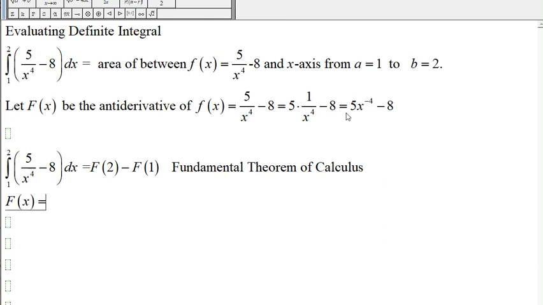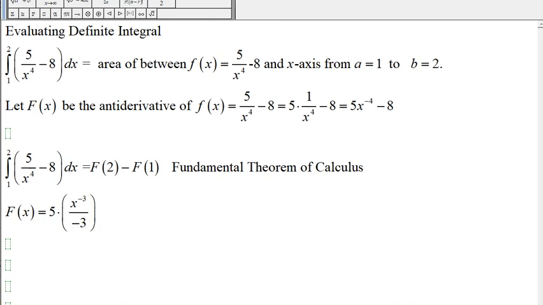So once again, the rule is this is 5 times x to the negative 4. So the antiderivative would be 5 times, add 1 to the exponent, so negative 4 plus 1 would be negative 3, and then dividing by negative 3.